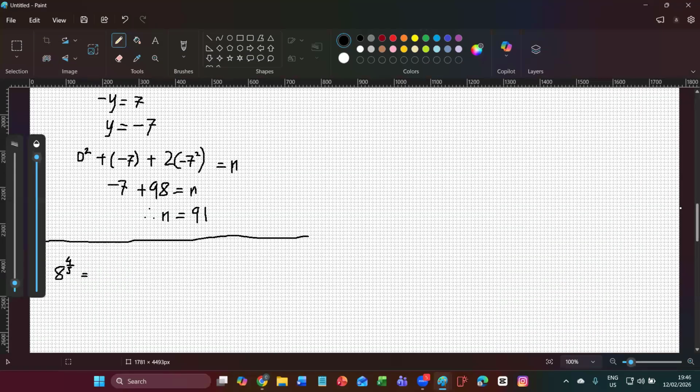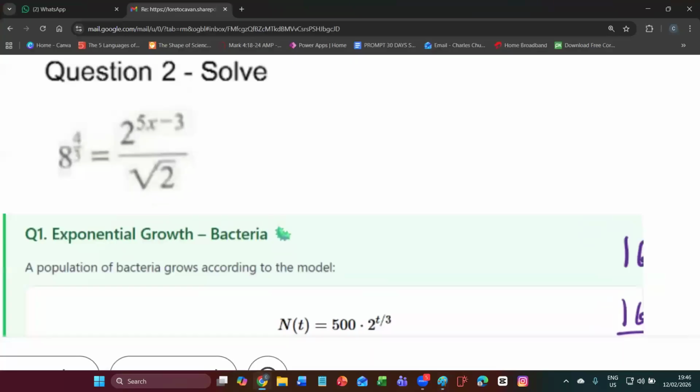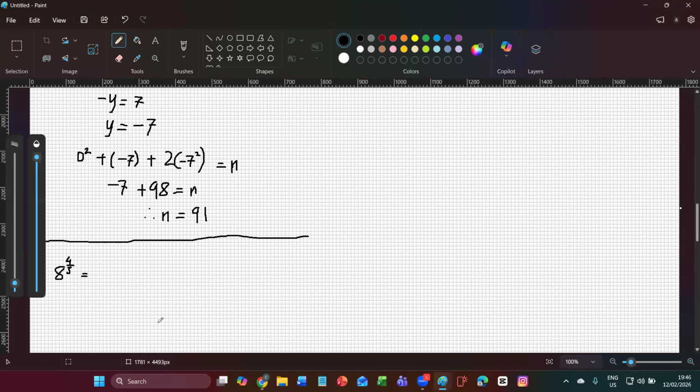Two raised to the power of 5x minus 3, divided by square root of two.